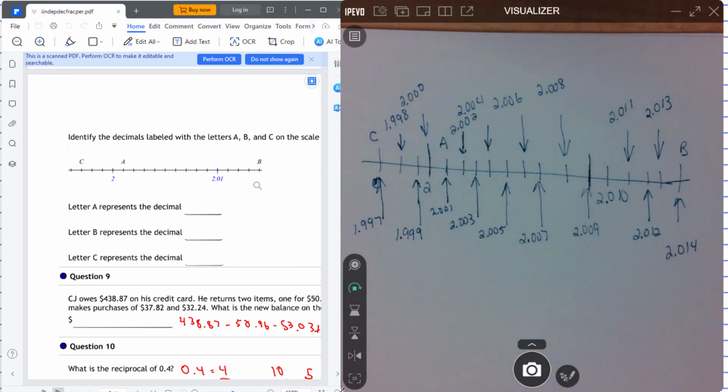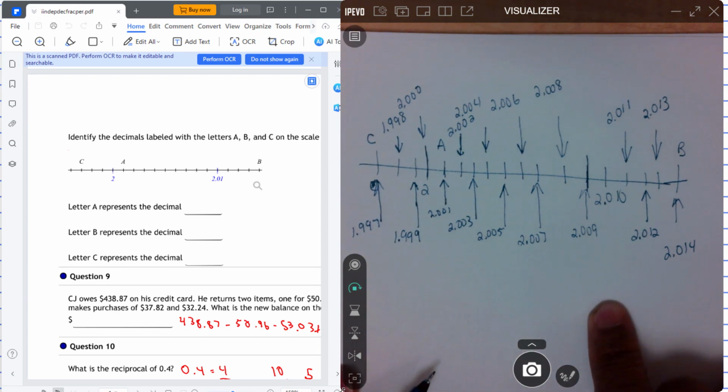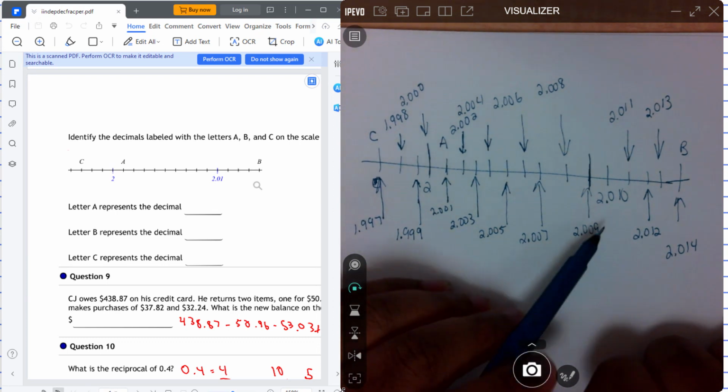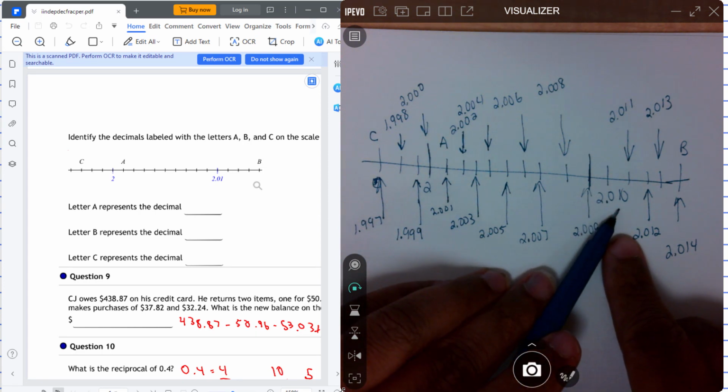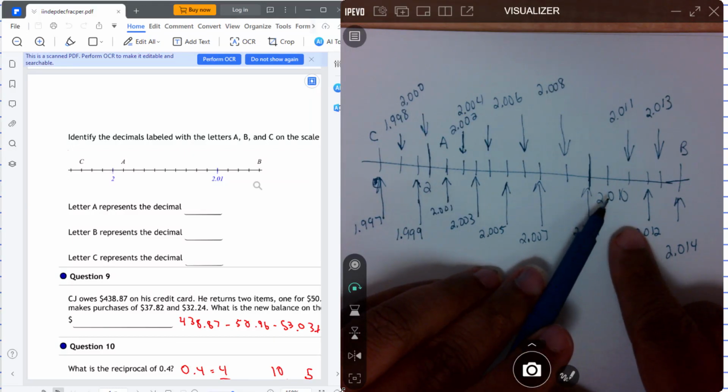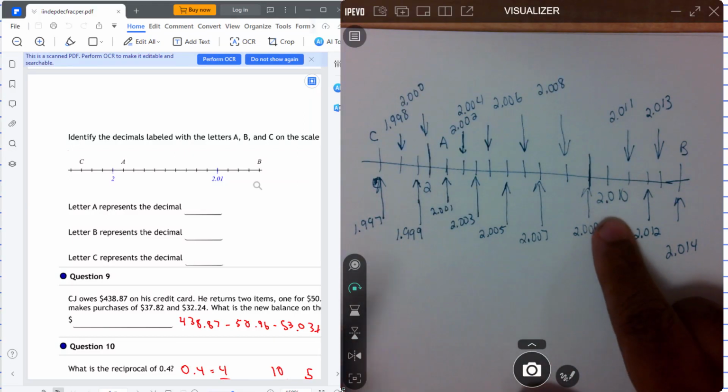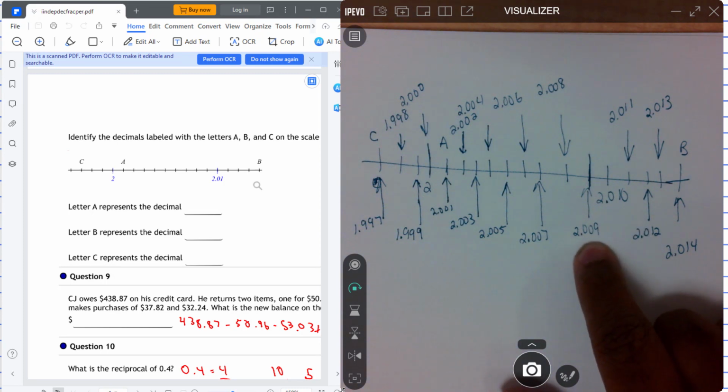So for this problem here on the scale, you have our A and B and our C. So if we start out, what I did is I started out with this number here. And this is 2.010. All right, and if I count down 1, 10 becomes 09. I just went down 1 from 10 to 9.